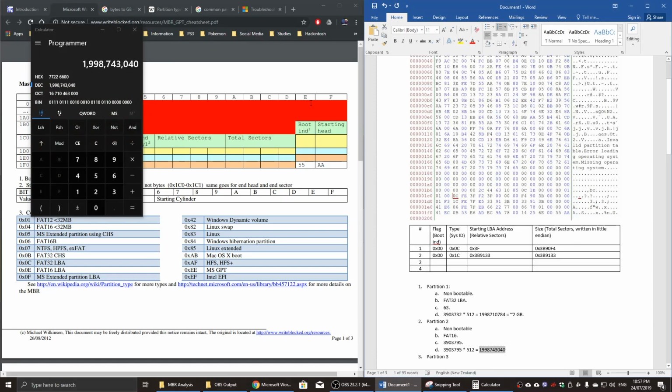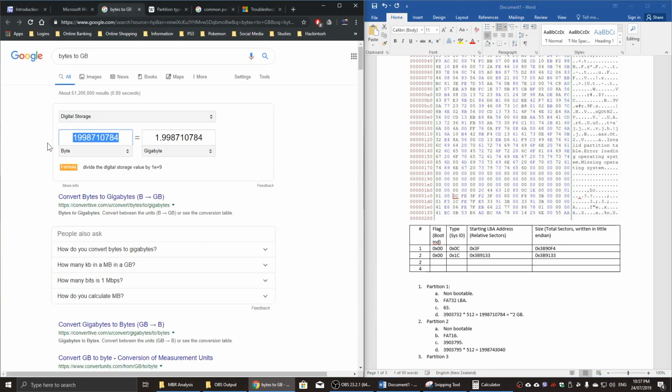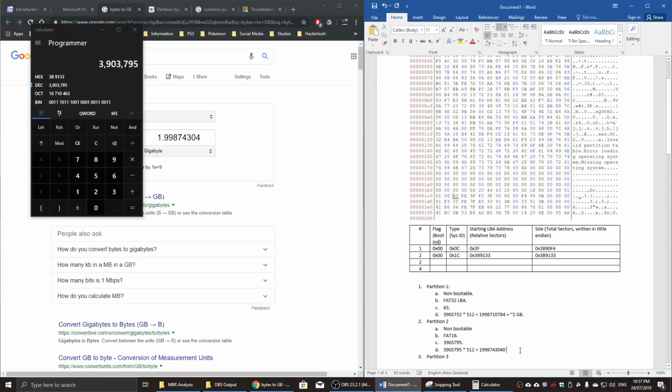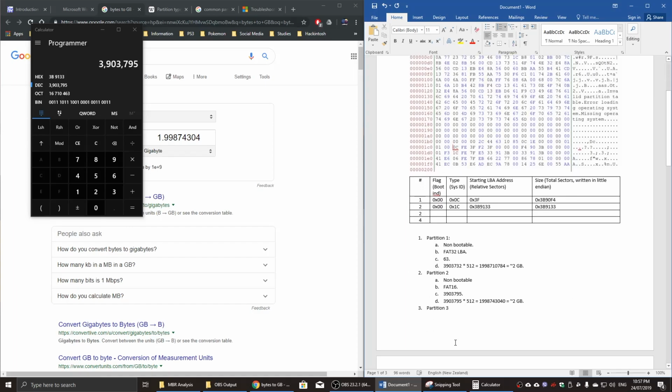We can take this value and chuck it in the Google calculator. It's roughly the same again, so roughly 2 gigabytes again. I just want to see if I've done the right one. 3B9133, yep. So it's roughly the same value again, which equals 2 GB. Cool, so that's the information for partition 2.